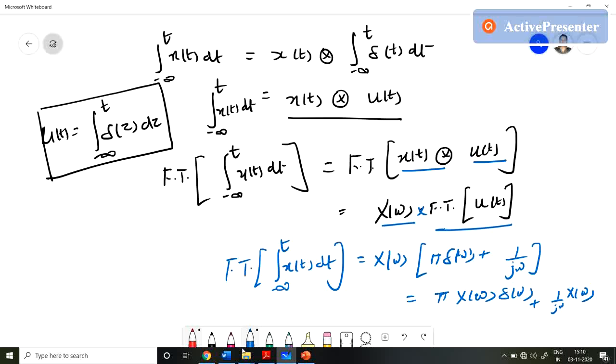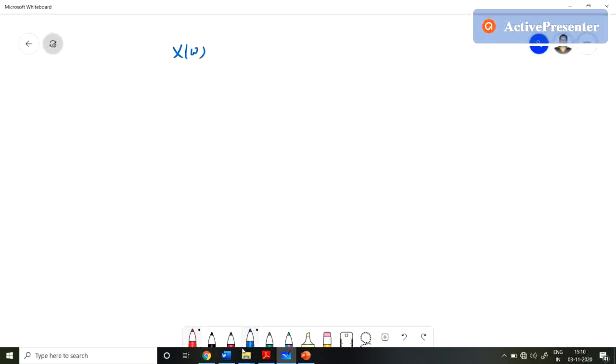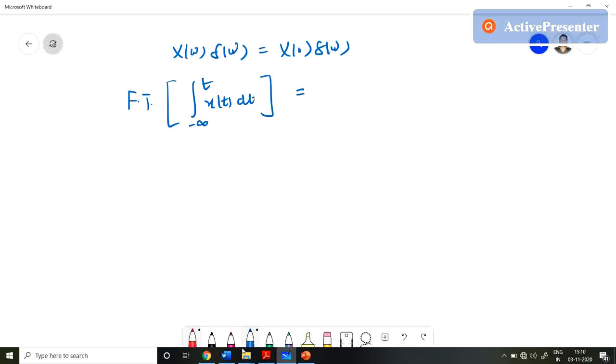Now we can apply the property that X(omega) delta(omega) is equal to X(0) delta(omega). So the Fourier transform of the integral from minus infinity to t of x(t) dt is equal to pi X(0) multiplied by delta(omega) plus 1 divided by j omega into X(omega).